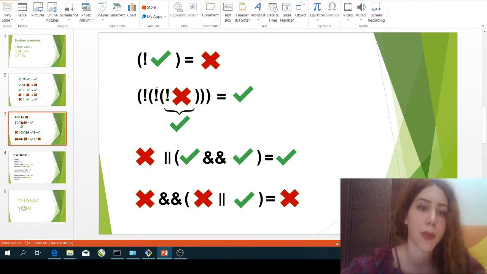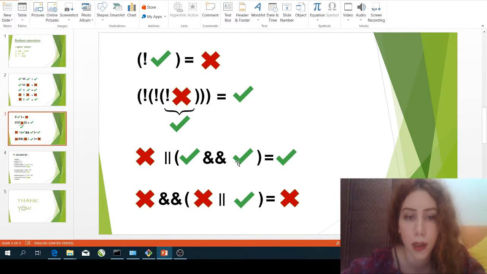In this example we have not false, so it's true. Then we have not true, which means false. Then we have not false, which finally equals true.